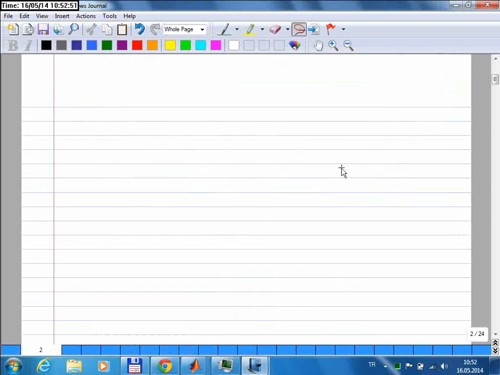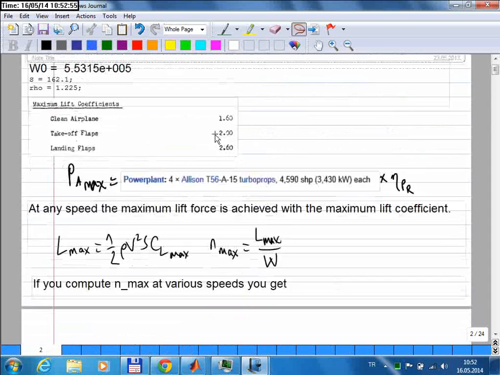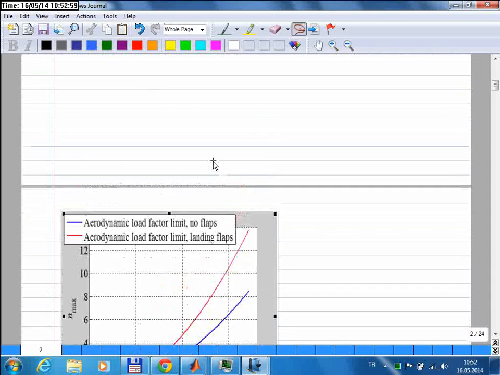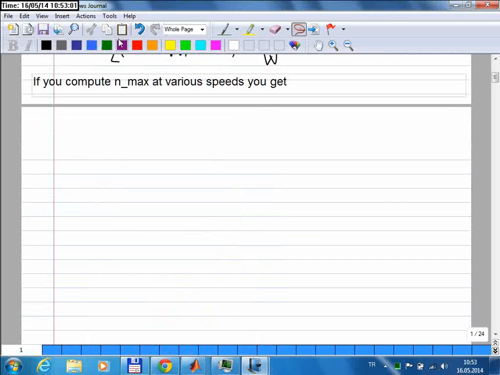Now let's start with, let's pick up a speed. Okay, so let me choose 100 meters per second.